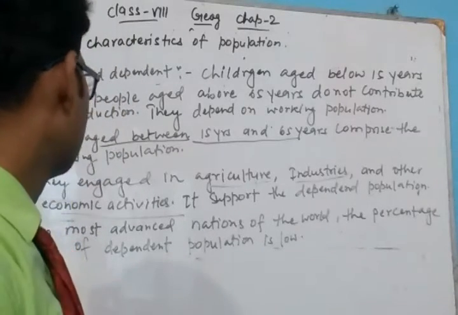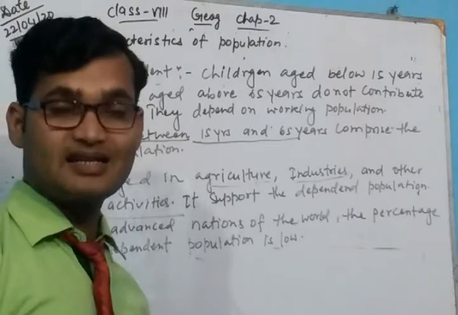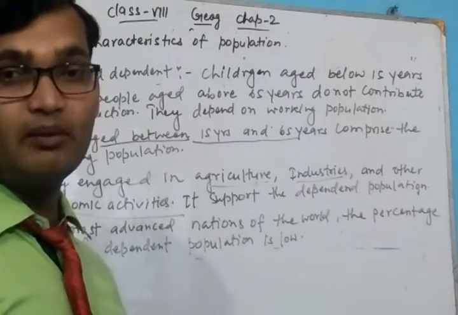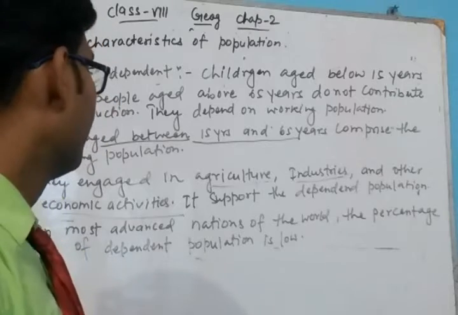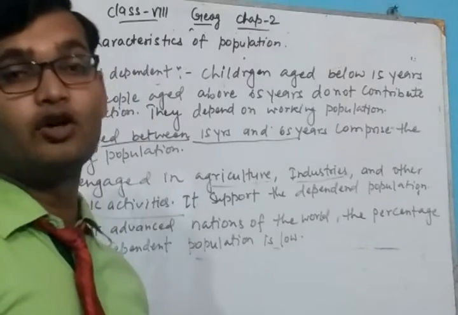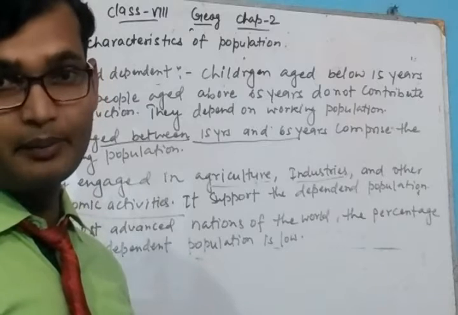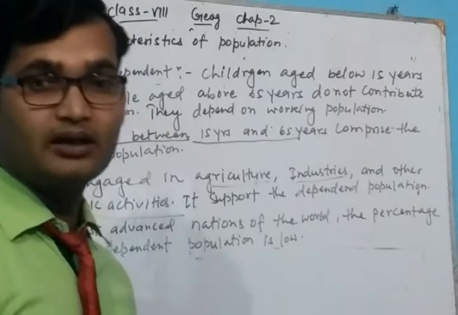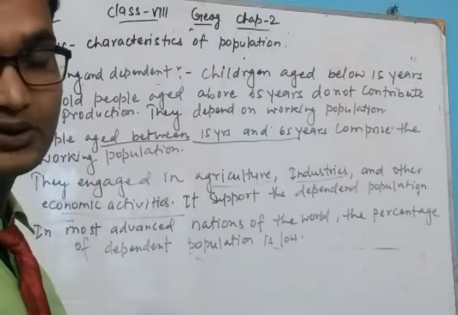But in advanced nations, meaning the very developed countries in the world, there is a very small percentage of dependent population. Most of the people are engaged in economic activities.